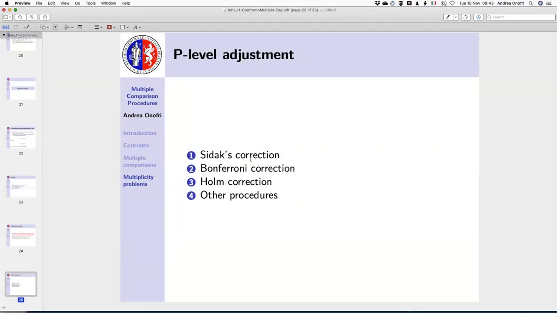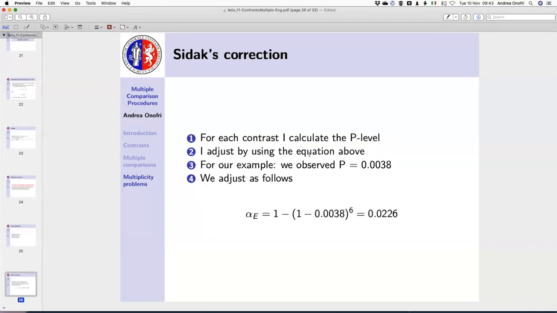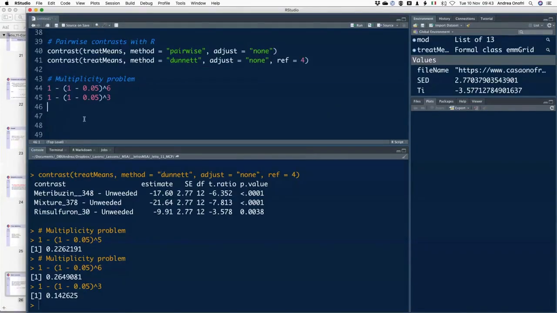We have several types of corrections, but we just see a few of them. The first one is the so-called Sidak correction. That's the easiest one, because we adopt such an inequality here.